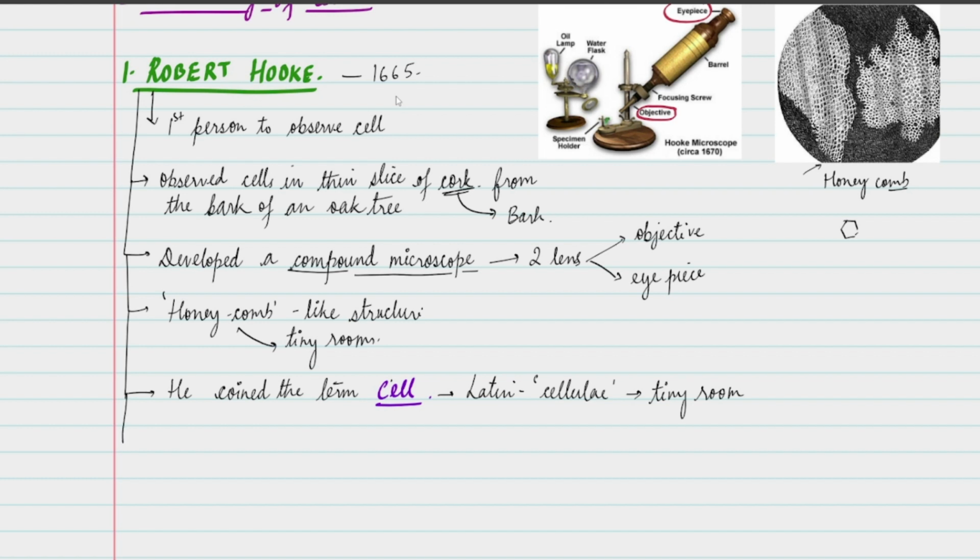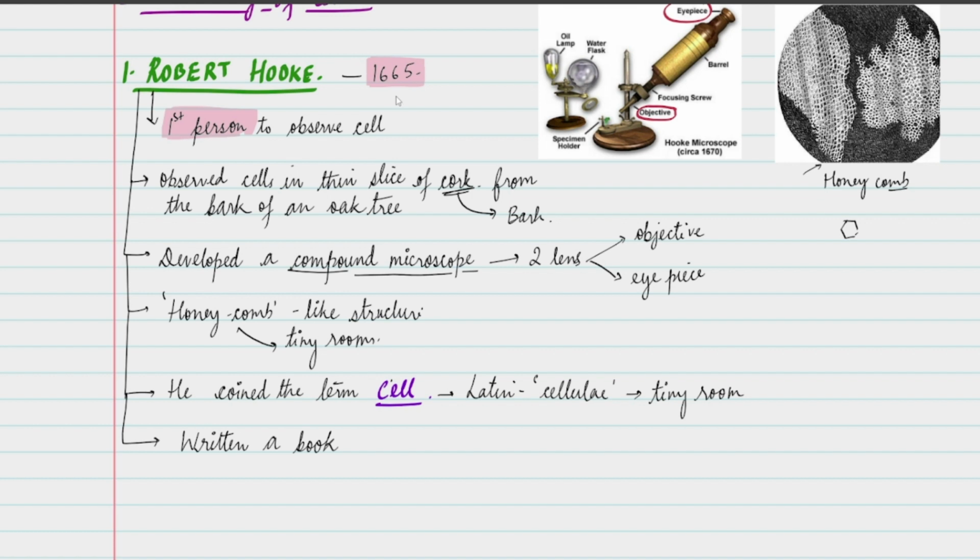He has also written a book called Micrographia. Questions are asked from this type of topic, the book of Robert Hooke. What is the year? The year is also very important. 1665. First person. These are the milestones in the field of cell biology, or biology basically.